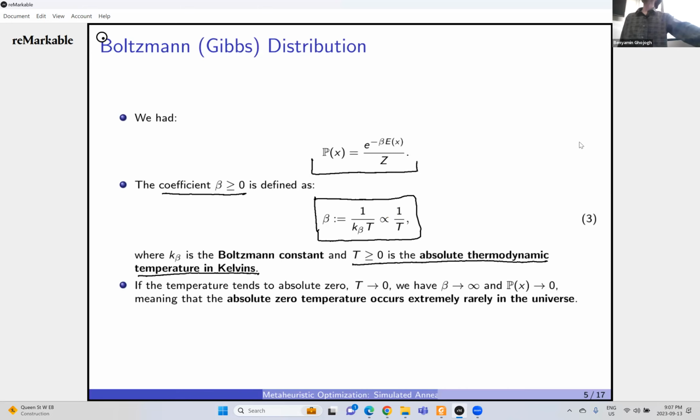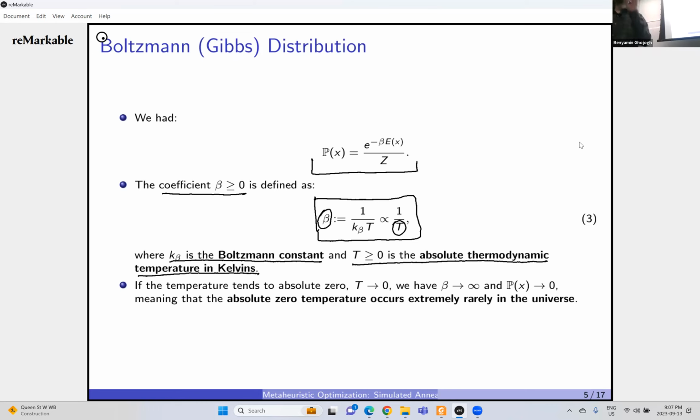You know temperature. Temperature is not always in Celsius. We usually say it in Celsius, but in physics, they usually use kelvins, right? And when you use kelvins, it cannot become negative. It's always greater than or equal to 0. So beta is proportional to 1 over T. And k_B is called the Boltzmann constant. Okay, so I defined beta.